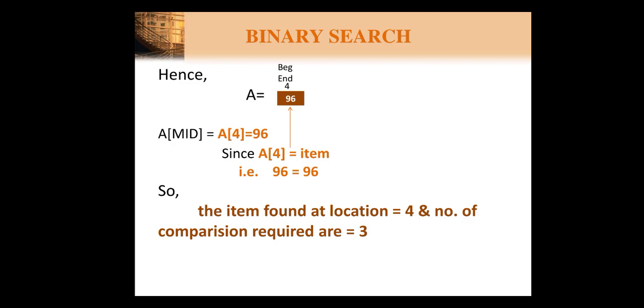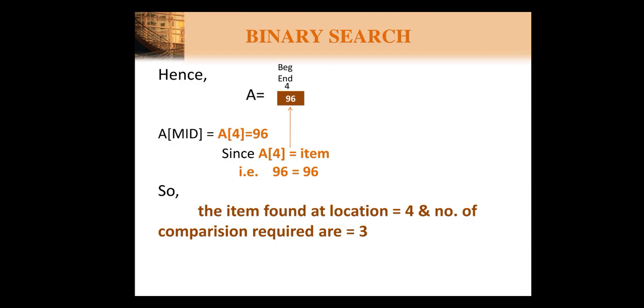And how many comparisons did you require? The number of steps you carried out is the number of comparisons required. So the number of comparisons required is equal to 3. I hope you understood this. First, we divided our whole array into two parts and compared the element with the mid value, to see whether it matches the mid. If it does not match, we check whether it is in the lower portion or the upper portion.